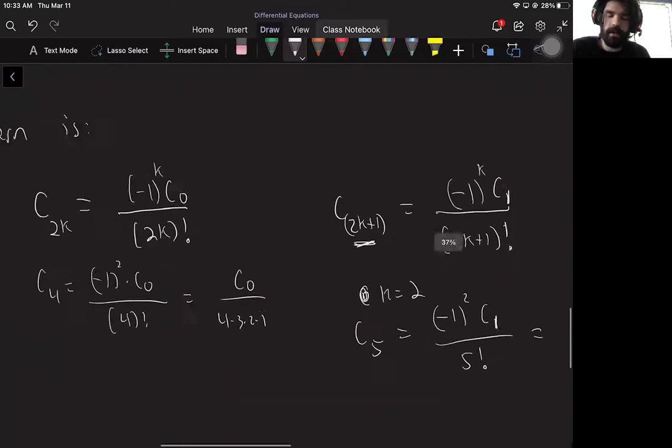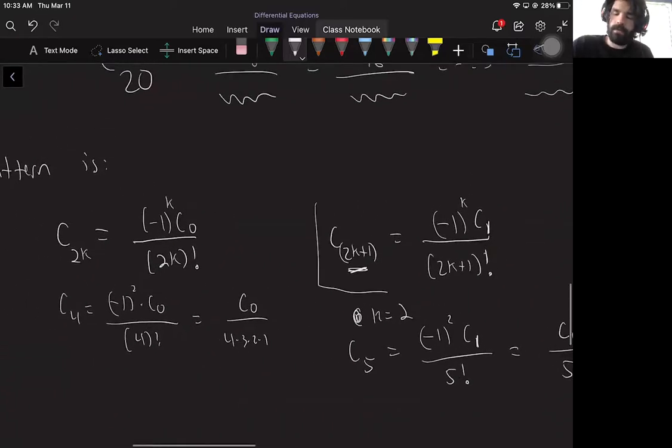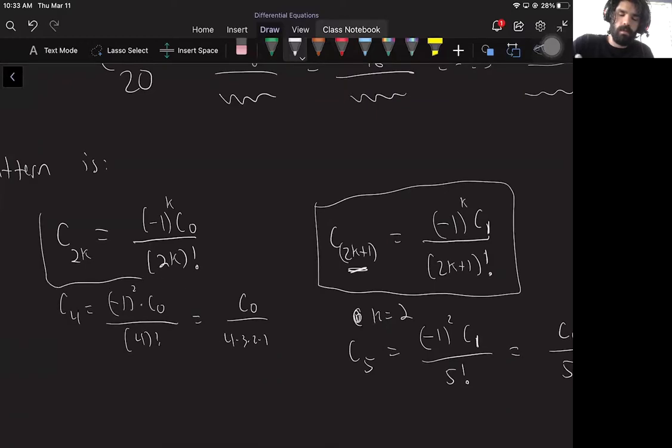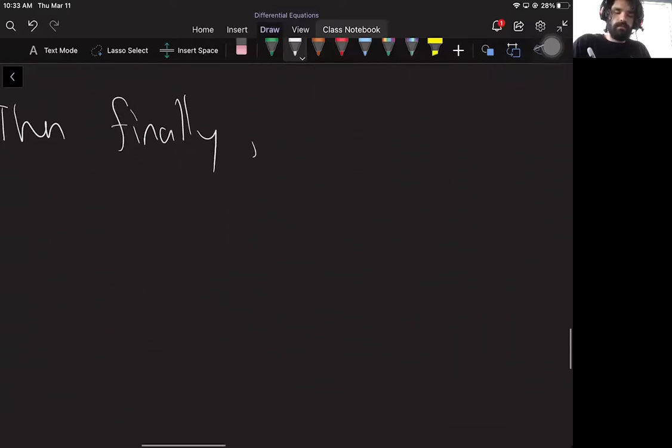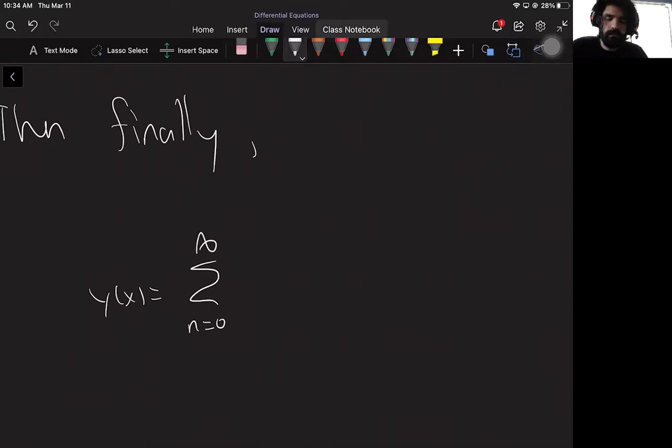Okay, so then the key is this. These are my formulas that tell me all the coefficients. So now I'm going to plug these back in. So a very long solution. The point was I started with not knowing anything about my Cn's, my coefficients.